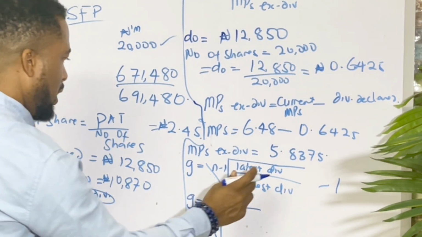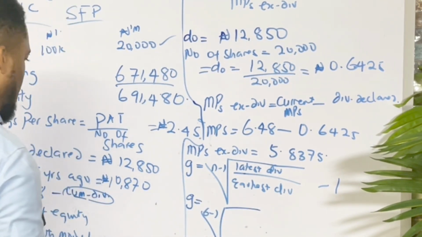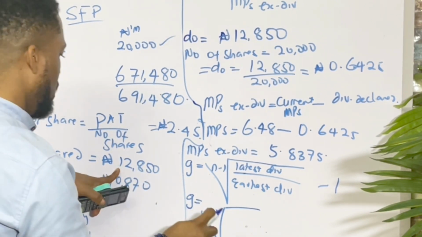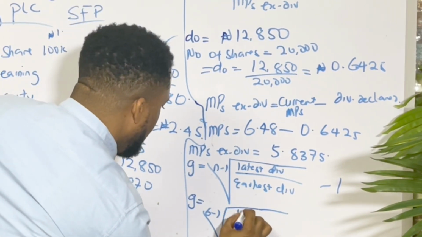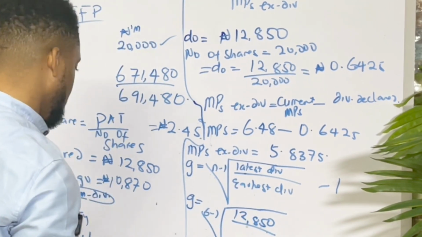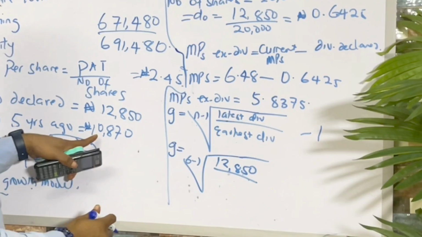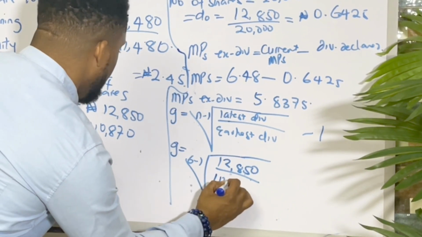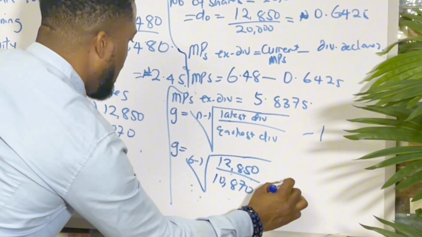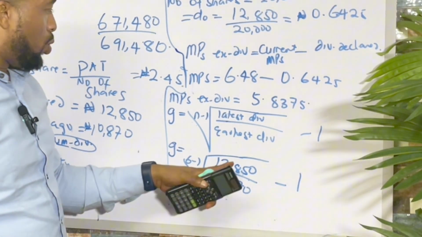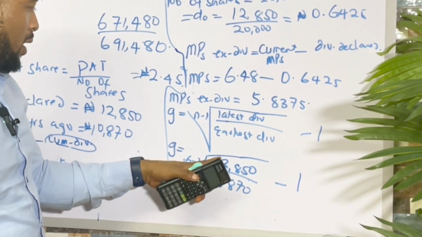Our latest dividend is the one that has just been declared, which is 12,850, divided by the earliest one they paid 5 years ago, which is 10,870, then minus 1.